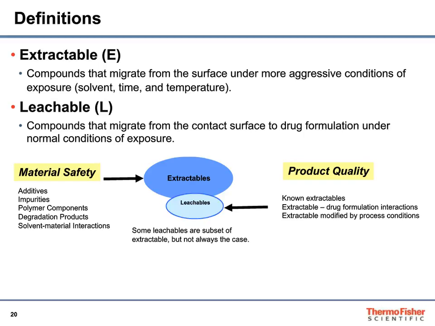Leachables are partially the non-extractables, and also the interactive product of the drug formulation and the non-extractables, and also some of the extractables modified by the process conditions. Some leachables are a subset of extractables, but not always the case.